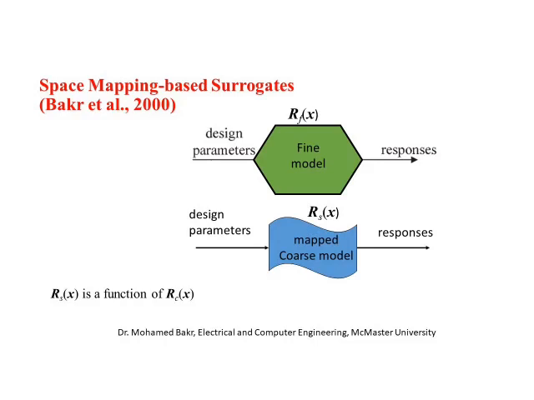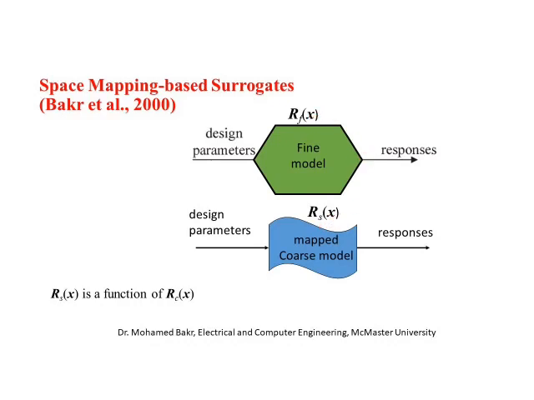So we use space mapping to build a surrogate model, Rs of x, which is a function of the coarse model. We'll see how we can change the coarse model in many ways such that its mapped response will be approximately the response of the fine model. So Rs of x is approximately equal to Rf of x.